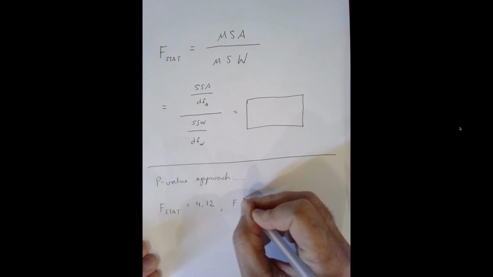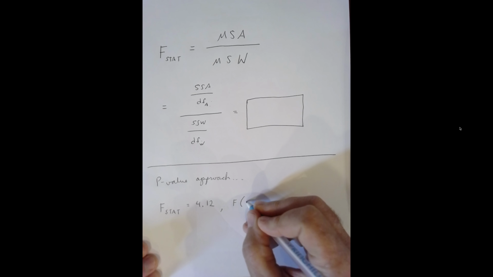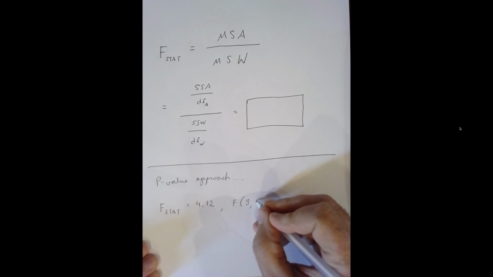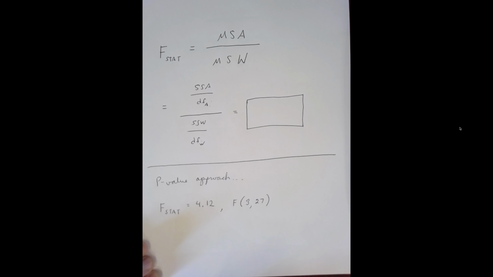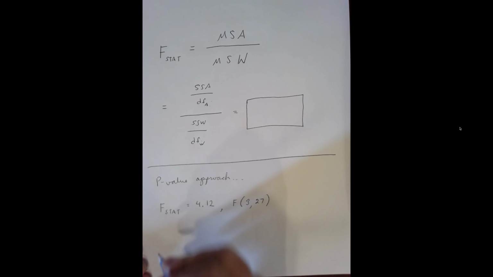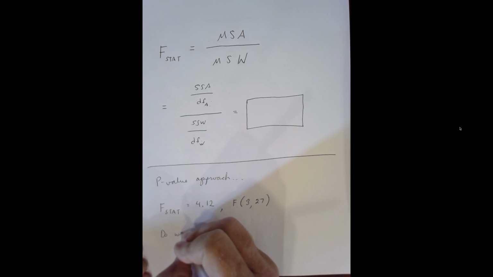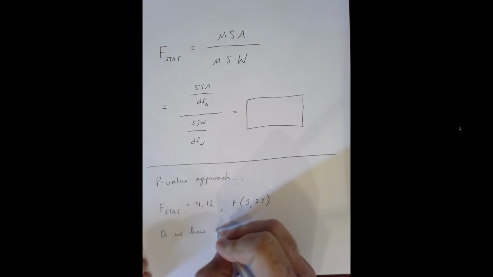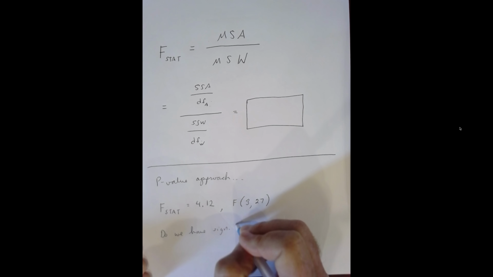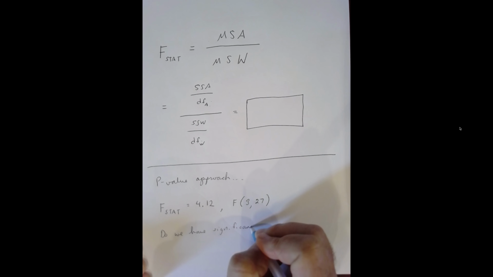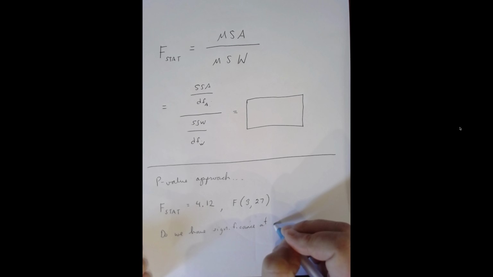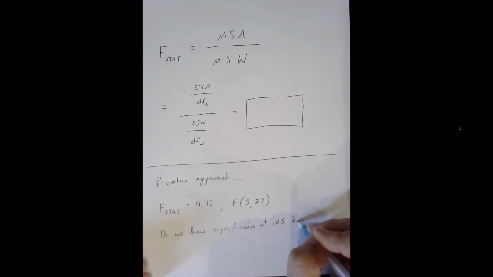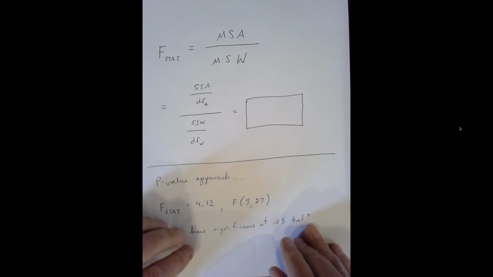We're drawing from an F distribution with degrees of freedom 3 and 27. Do we have significance at the 0.05 level? Well, what we'll do is calculate the p-value.